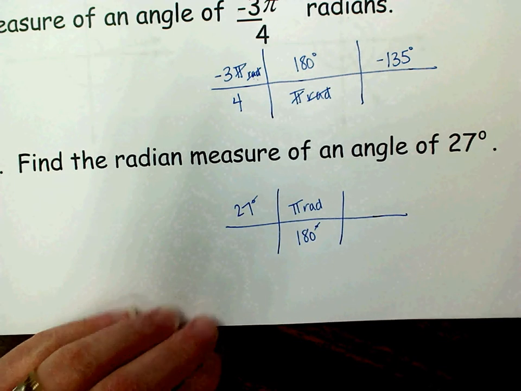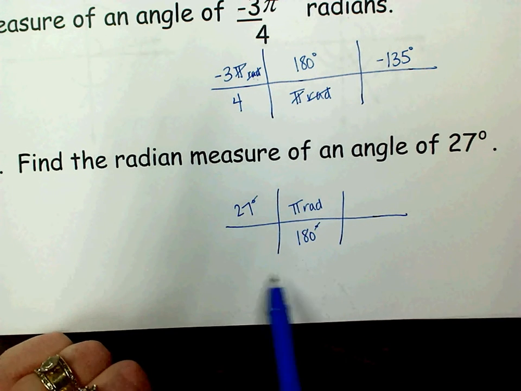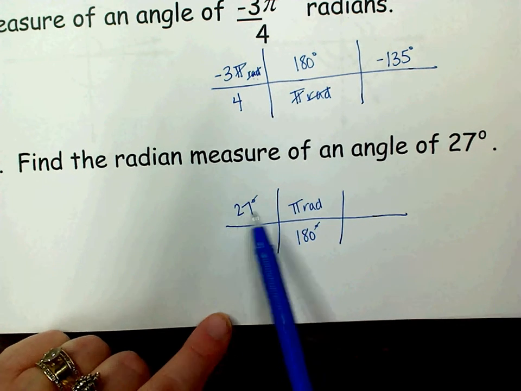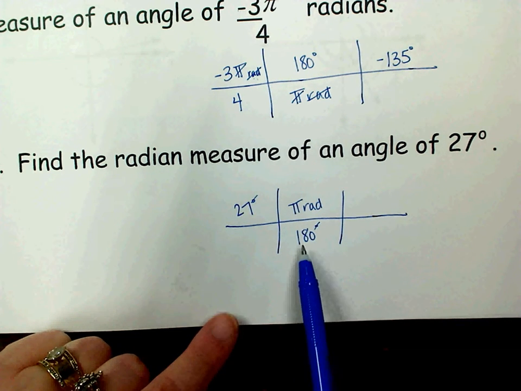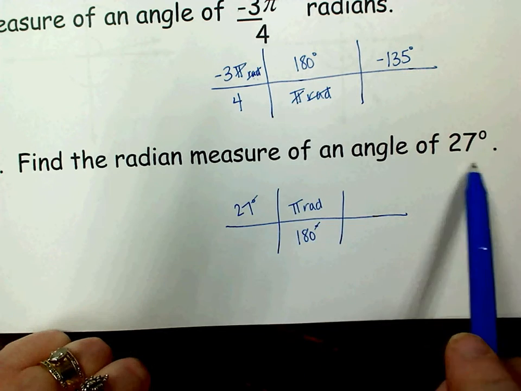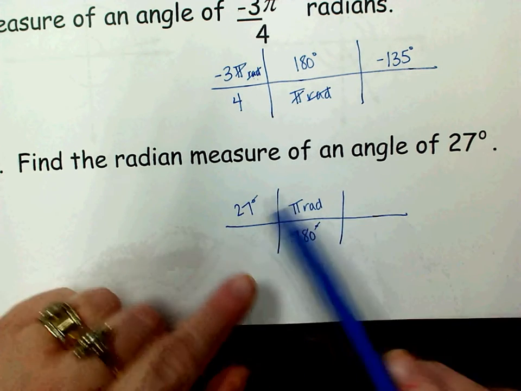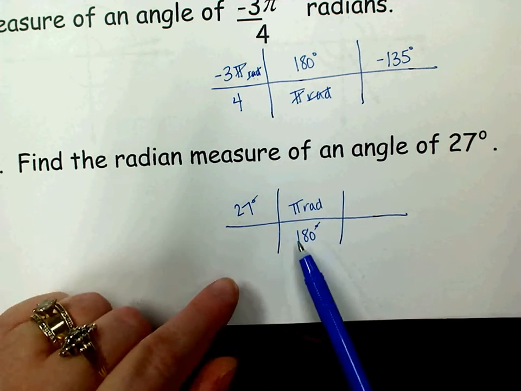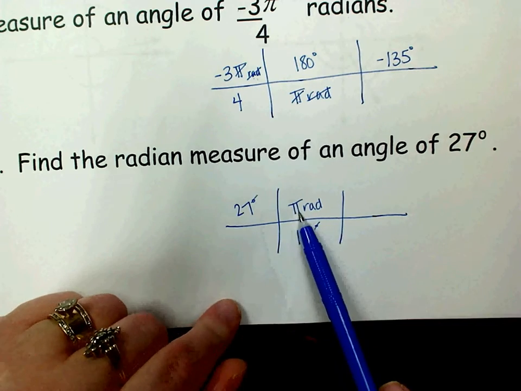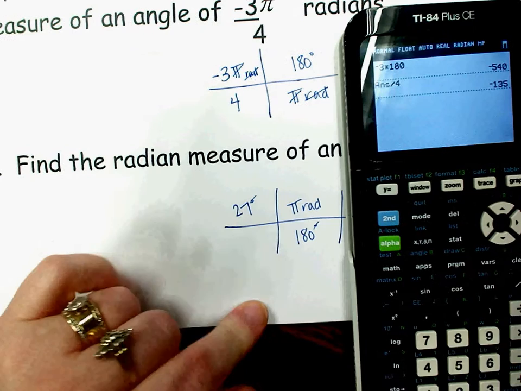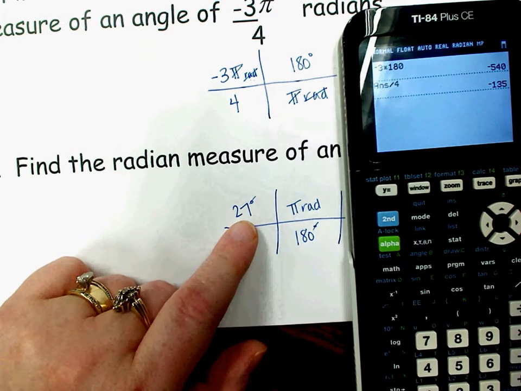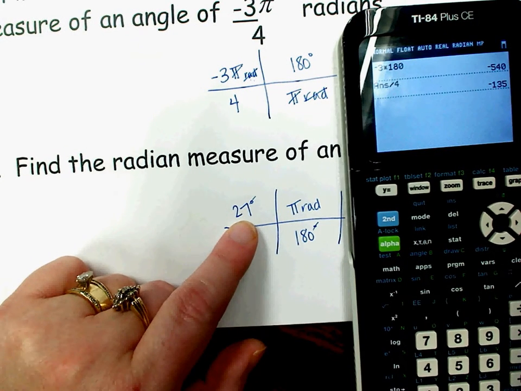So in the numerator I have 27 times pi, and in the denominator I have 180. Now, I was not given rounding instructions, so when I do the multiplication and division here, I'm not going to enter pi in my calculator because we understand that that's irrational and requires rounding. So the only thing I'm putting in my calculator is this 27 divided by 180.